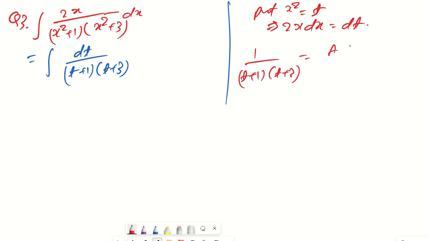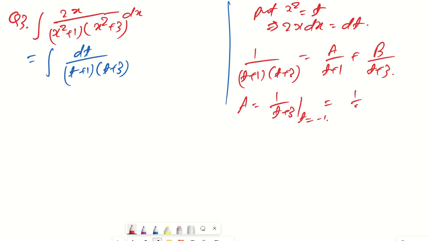So that is going to be a by (t plus 1) plus b by (t plus 3). Getting the value of a will be very easy: 1 by (t plus 3) at t equal to minus 1. So that will be 1 by 2. And b is going to be 1 by (t plus 1) at t equal to minus 3. So that is going to be minus 1 by 2, right?